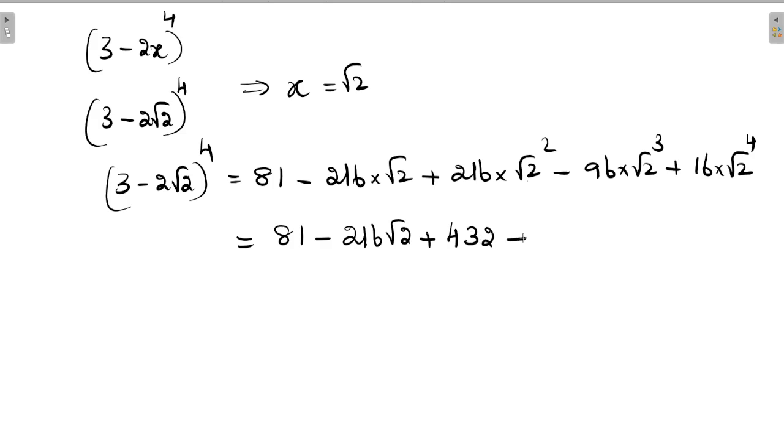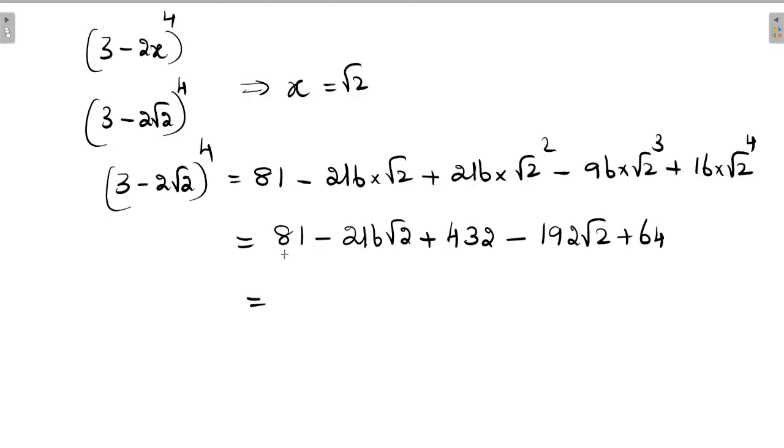432, minus, (√2)³ is 2√2, so when we multiply by 96, 192√2, plus the last term is 64, because (√2)^4 is 4.